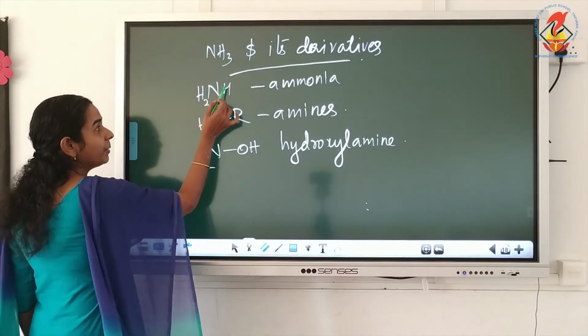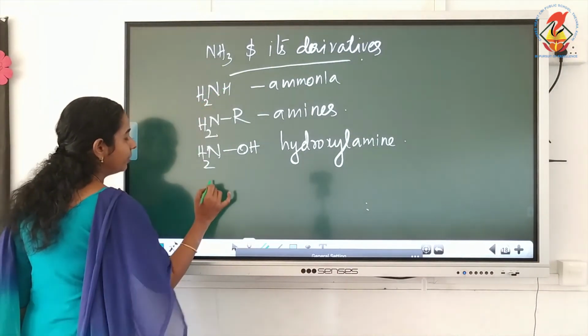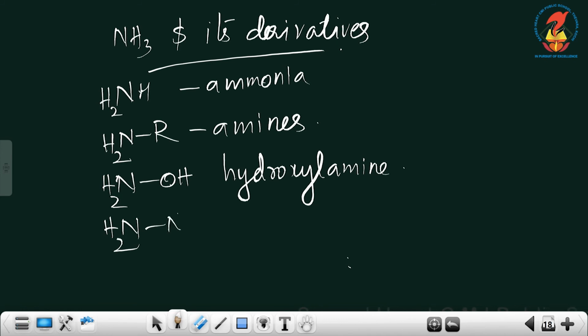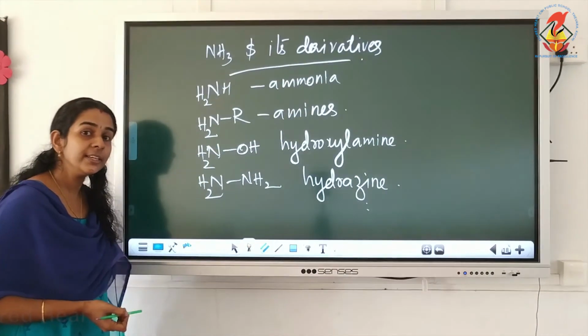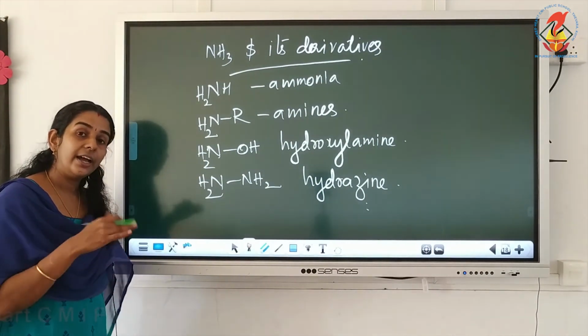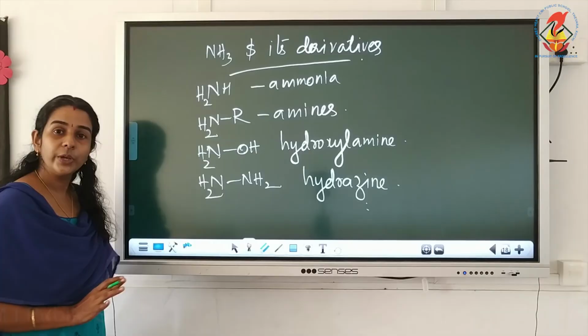Next, if I am replacing one hydrogen from here by another NH2 group, how will the formula be? NH2NH2, and it is hydrazine. Hydroxylamine is NH2OH, hydrazine is NH2NH2.